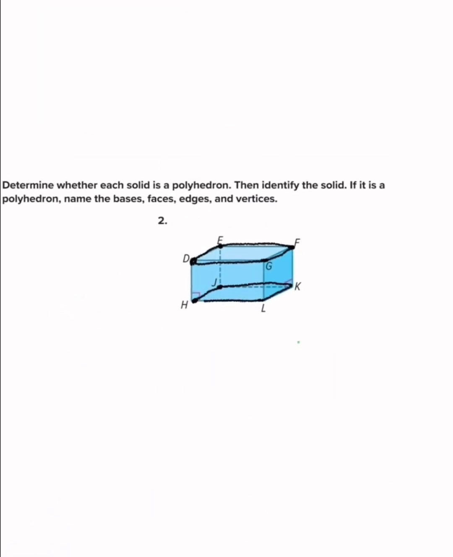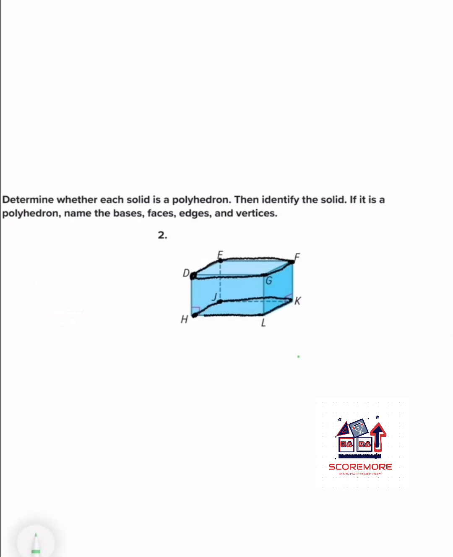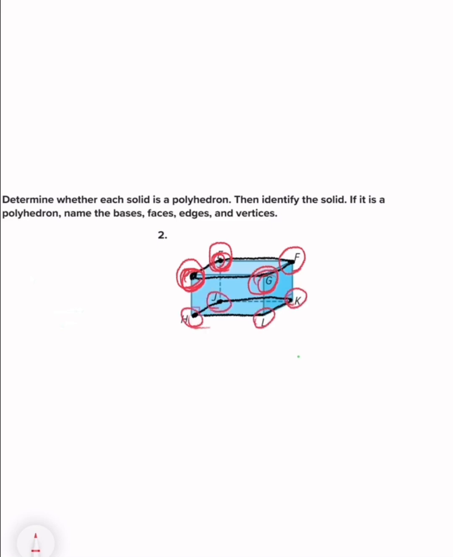Let me show you in the figure. Like you're seeing here, choose red, D, E, F, G. Like we said, the vertex is any point. You can choose any point of them. All the points actually are correct in this figure.